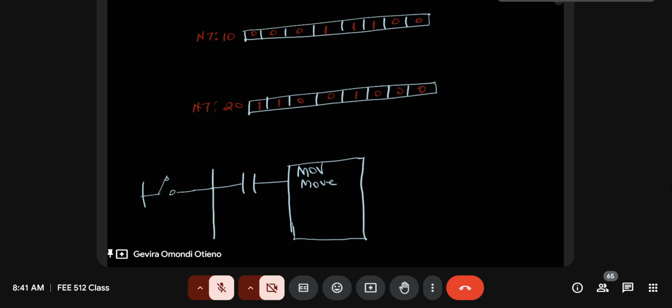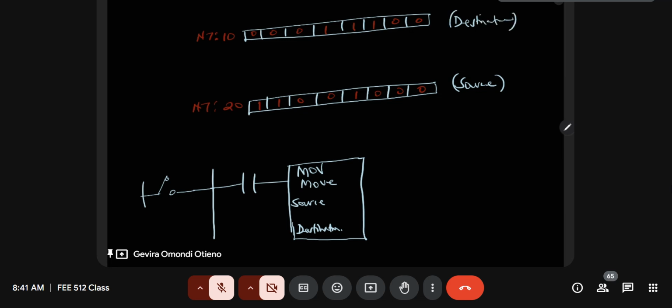I've told you that the key things required when you're performing a move operation are a source and a destination. So this must always exist. Let's say this is the source and this is the destination.